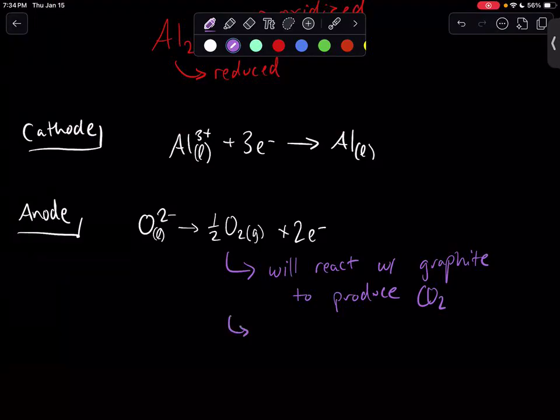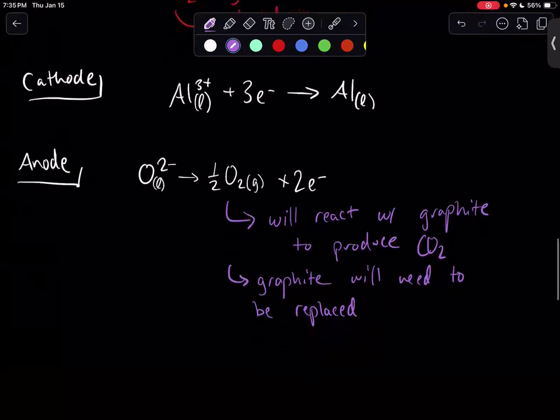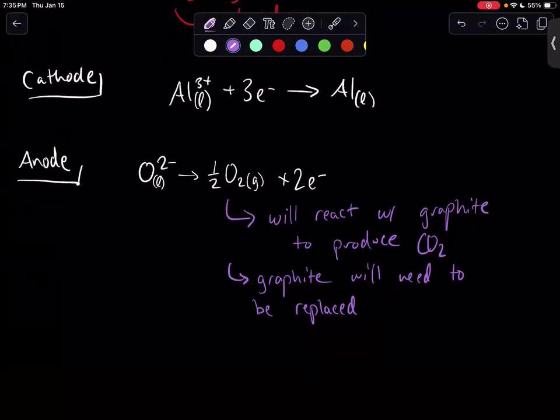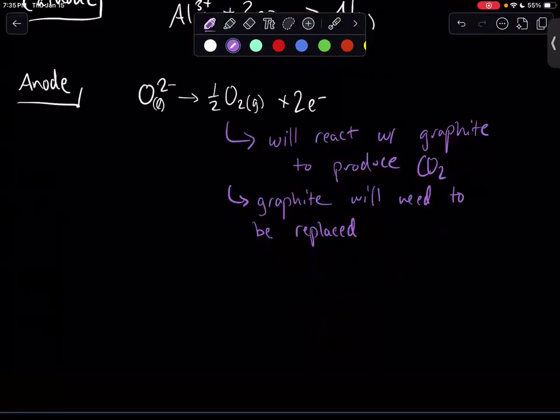And what eventually happens is the graphite will need to be replaced. It actually gets reacted all the way through, and we lose it to the gaseous carbon dioxide. So we do have to replace the electrode at the anode quite often in this alumina electrolysis.